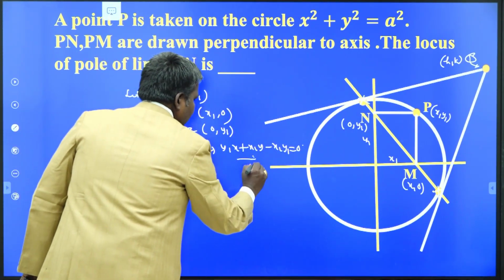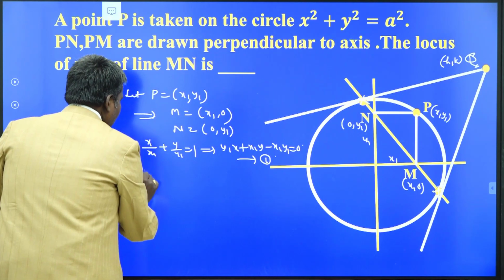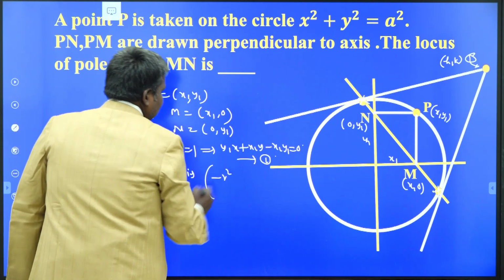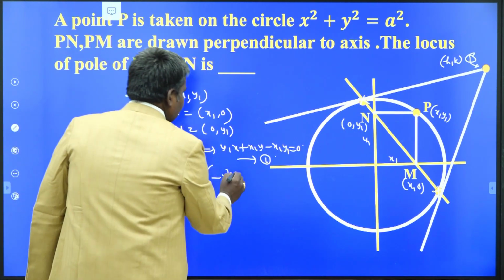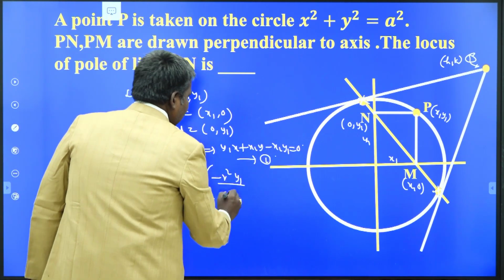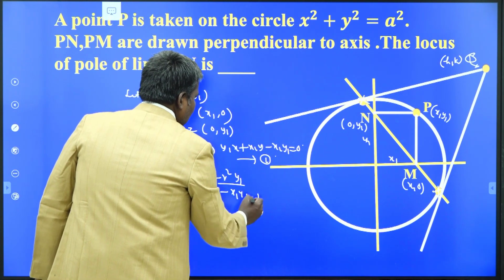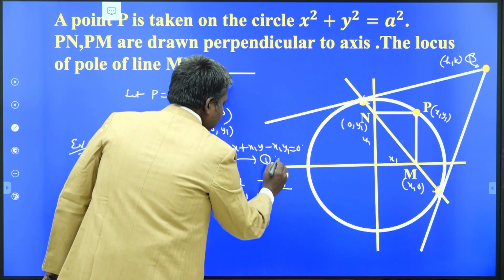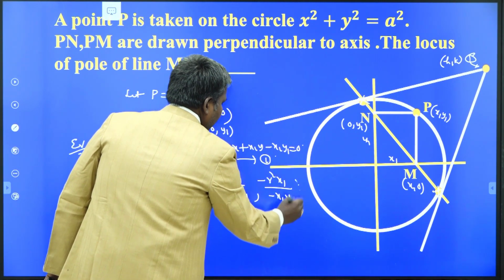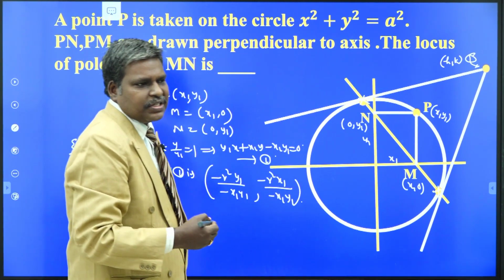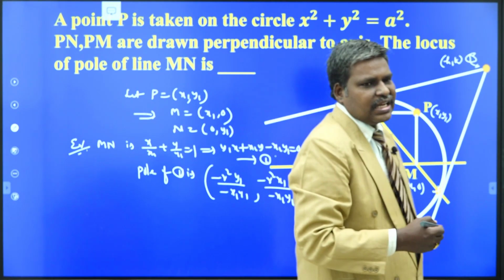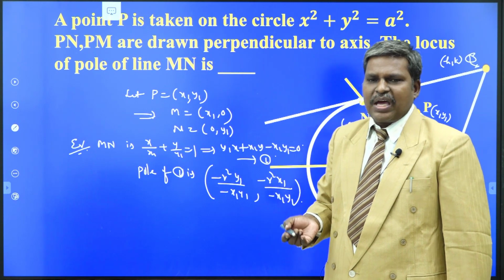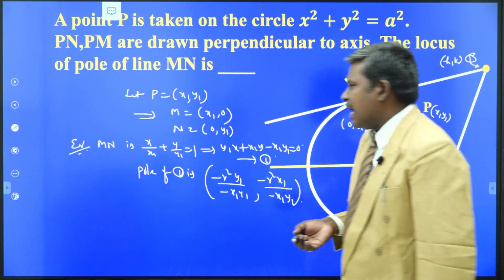Pole of this line, what is the formula? The pole of Lx plus my plus n equal to 0 is minus r square L by n, comma, minus r square m by n, for the circle x square plus y square equal to r square.